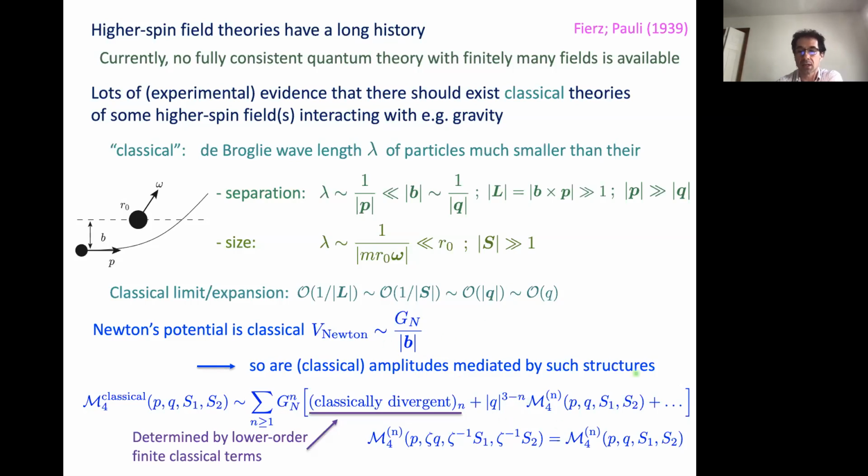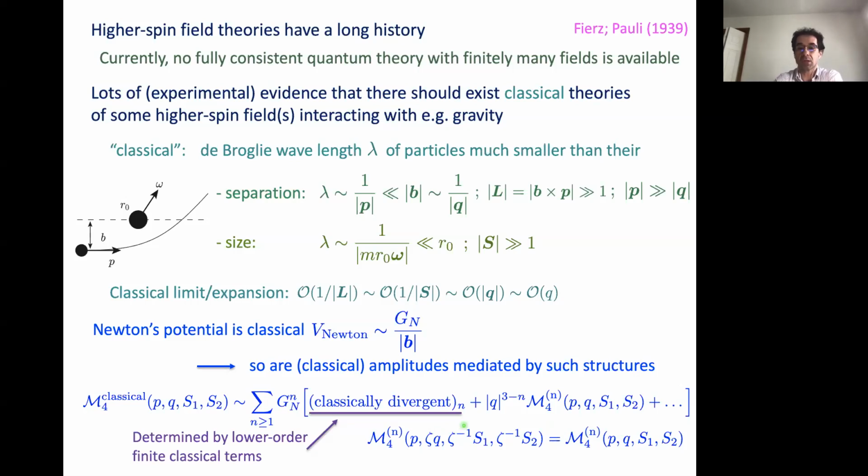And then it has a classical piece which scales in this particular limit I was describing, just like the Newton potential, including the G to the n. And the coefficient here, M_n, is a homogeneous function under such scaling, meaning that if you make q small and S large in a commensurate fashion, then you get this particular homogeneous relation.